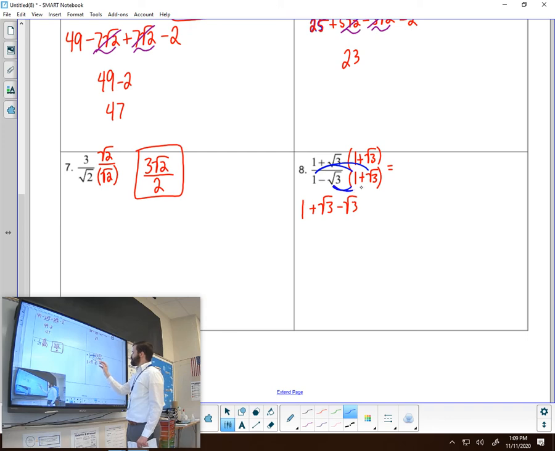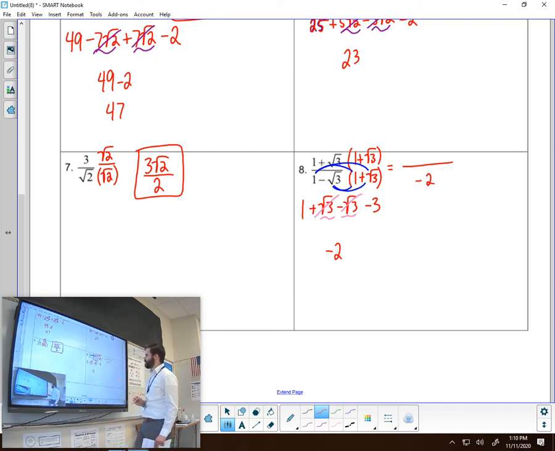And then negative square root of 3 times a positive square root of 3 is going to be negative 3. Okay? So there you have it. We're going to multiply these together. These two, of course, whenever we combine them, are going to cancel. So now I just have 1 minus 3, and that gives me negative 2. So that means on my fraction over here, we're going to have negative 2 on the bottom.